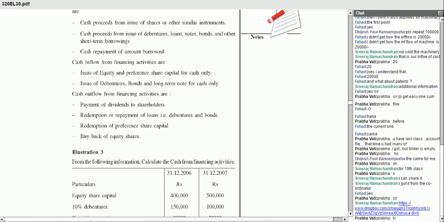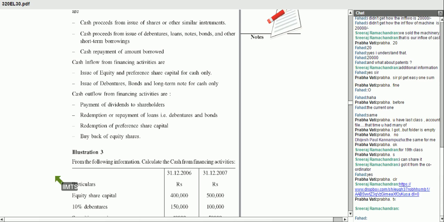Okay, now try to solve this question. Example number 3. From the following information, calculate the cash from financing activities. This value is for the end of the year 2006, and this value is for the end of the year 2007. We can say this is the beginning of the year, 1st of January 2007, and this is 31st of December 2007.